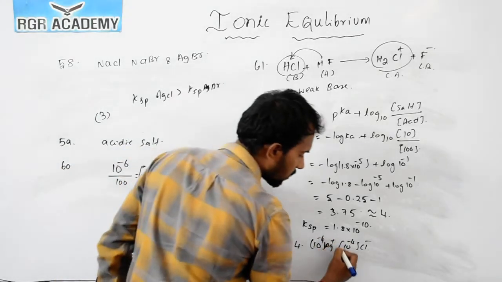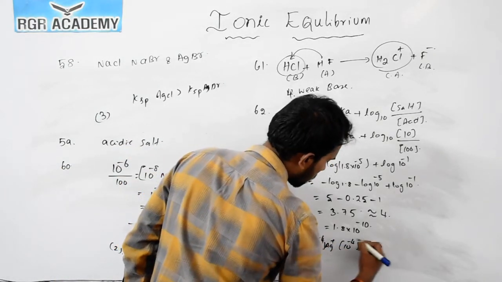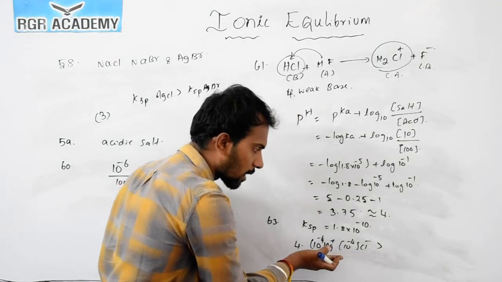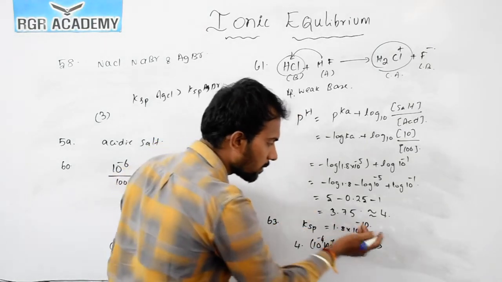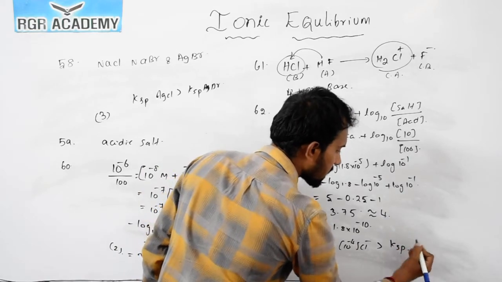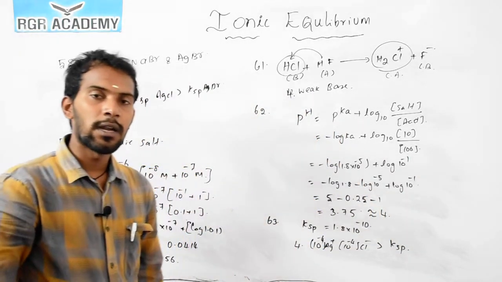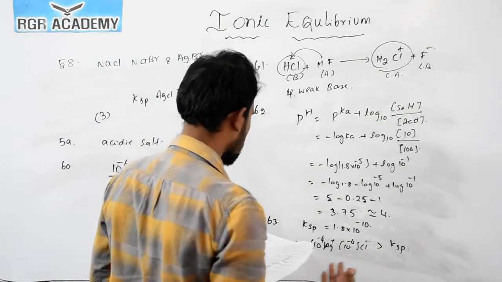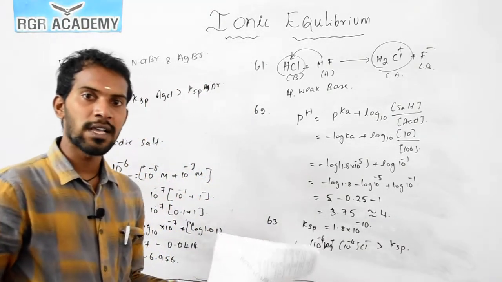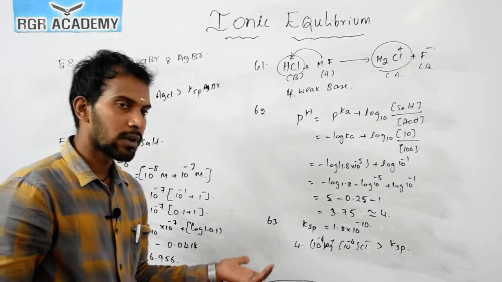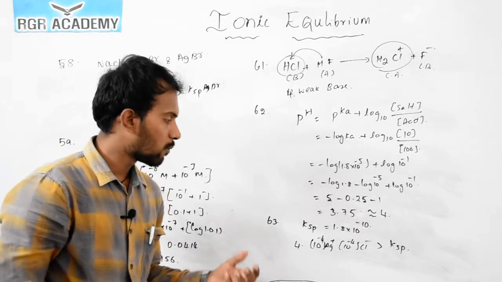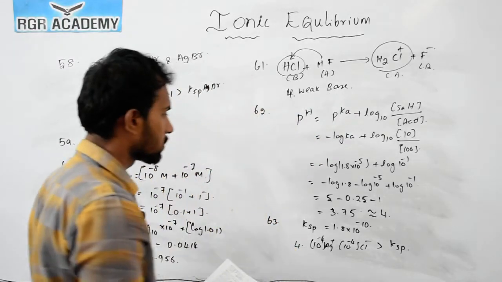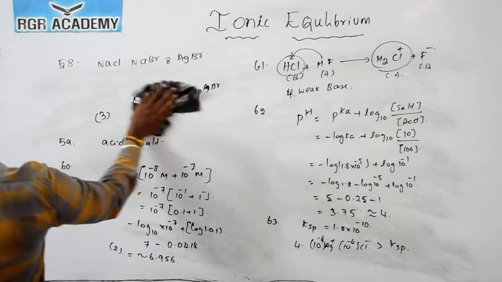This Ksp is very much lesser than the product of concentration of Ag plus and Cl minus. So when Ksp is lesser, that one precipitates very easily. Previously we discussed in a statement based question, which one has less Ksp value, that one precipitates more. Okay. So now we'll discuss question number 64.